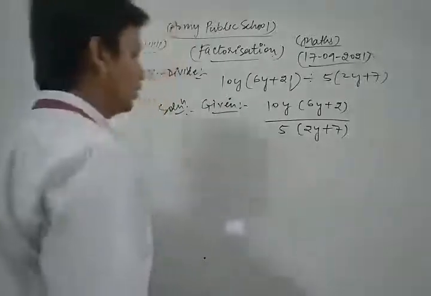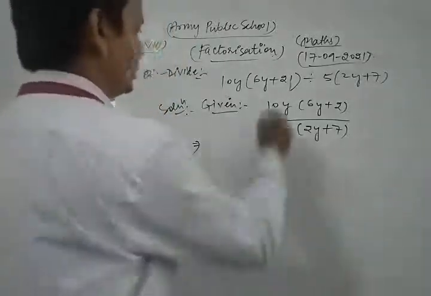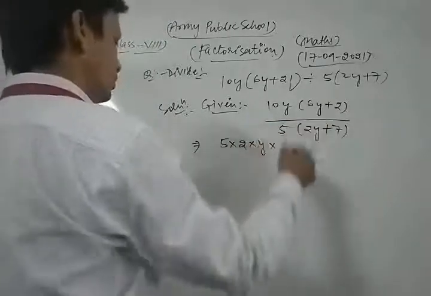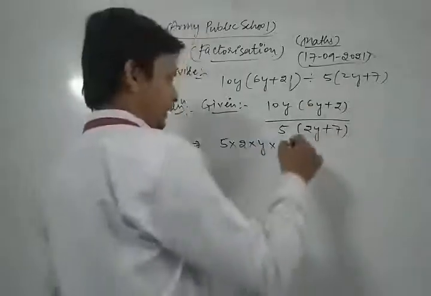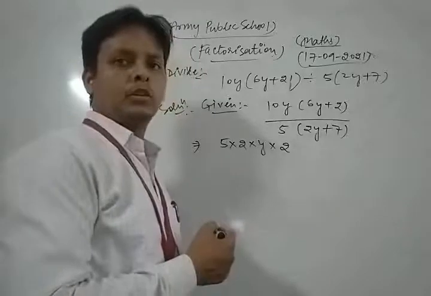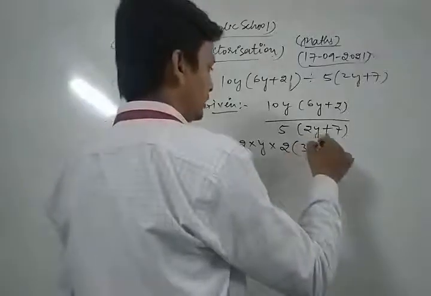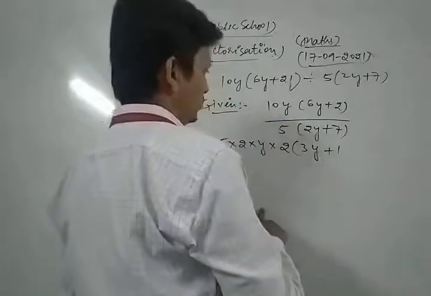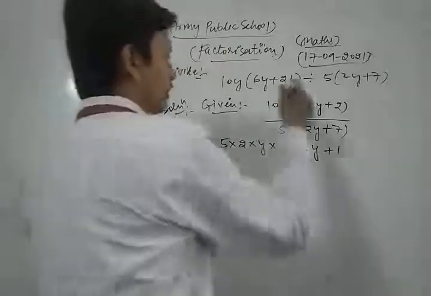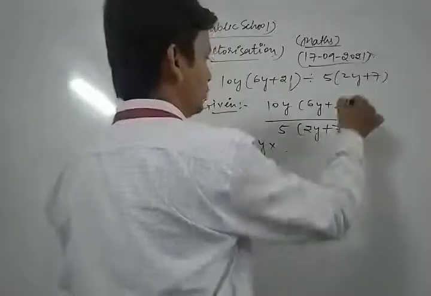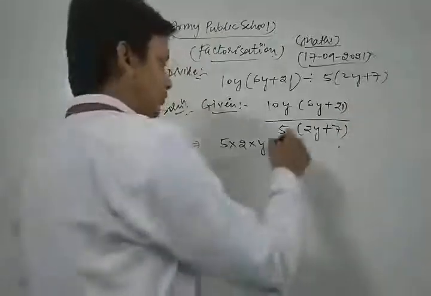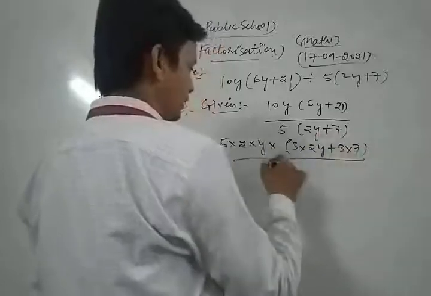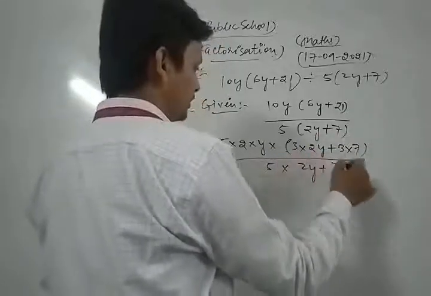We can write 10 as 5 into 2 into y, as it is, into, from these two terms, we take 3 as common: 6y plus 21, we can write 3 into 2y plus 3 into 7. In the denominator we write 5 into 2y plus 7 as it is.